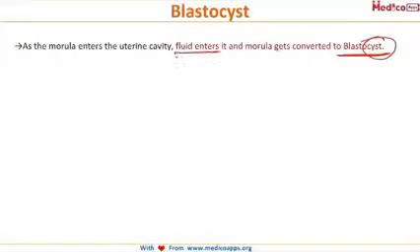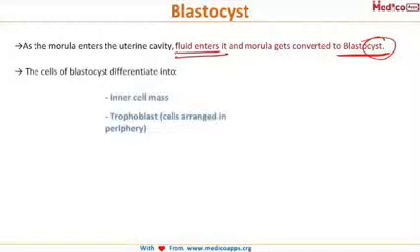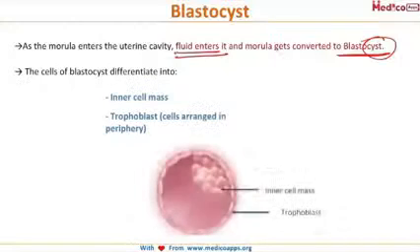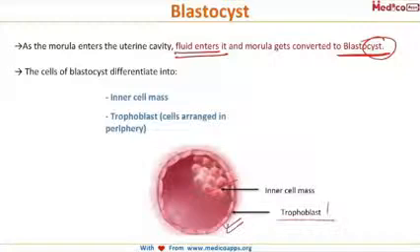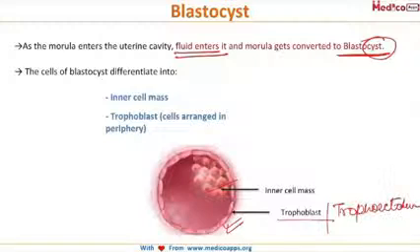Cyst because when fluid enters, it becomes a cyst. Now the cells of the blastocyst differentiate into the inner cell mass and the peripherally arranged cells, which are called trophoblast or trophoectoderm, one and the same thing. Now it is this blastocyst which gets implanted. So we'll continue with blastocyst.